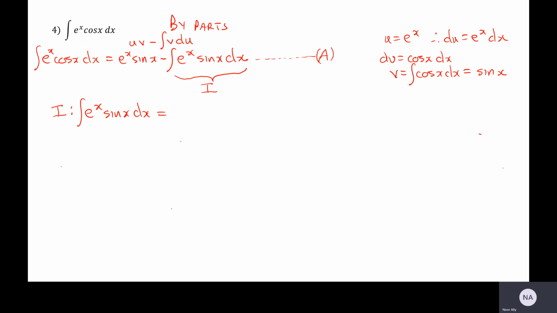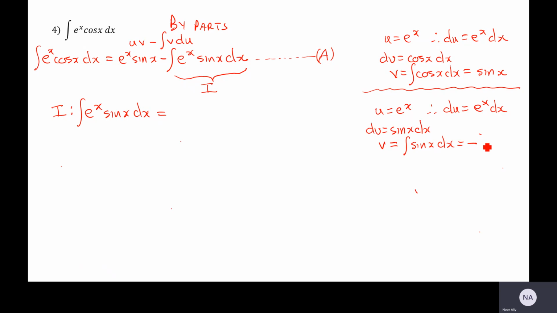What do I have to do there? Again, I will have to do integration by parts. So I'm going to let u equal e to the x, therefore du is equal to e to the x dx. And I'll let dv equal sine of x dx, therefore v is equal to the integral of sine of x dx, which is negative cos of x.